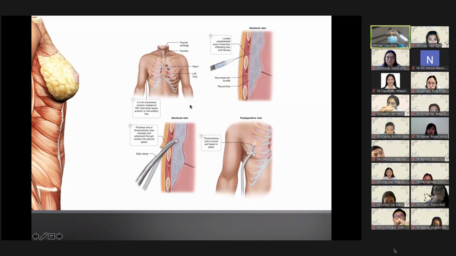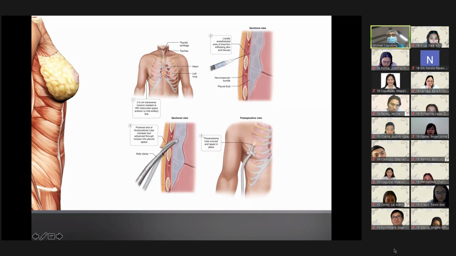As we cut through this space, the incision is made at the superior border of the rib. Why? This is to avoid injury to your vein, your artery, and your nerve, because they are seen in the costal groove.